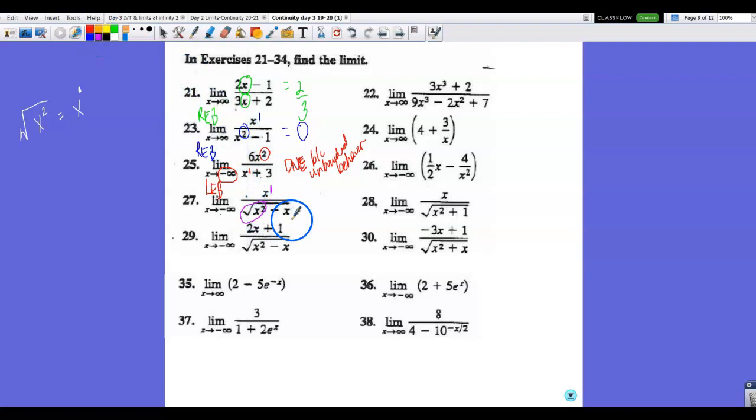So technically we have a same-heavy situation. Even though it looks like a power of 2, it's the same-heavy situation. Now, when we have a same-heavy situation, we're going to take the quotient of the leading coefficients. The coefficient in the numerator is 1, and watch carefully, the coefficient in the denominator is the square root of 1 because there is a 1 in front of the x squared right there.